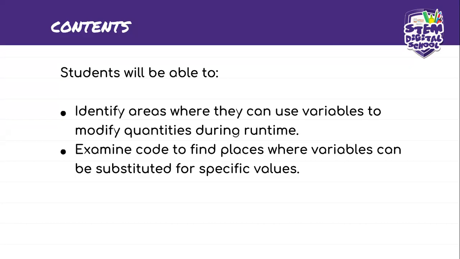And then examine code to find places where variables can be substituted for specific values. Okay, there again, we are going to see if they give us a variable, but the variable can actually be substituted by just a specific value. We don't want to make things overly complicated.